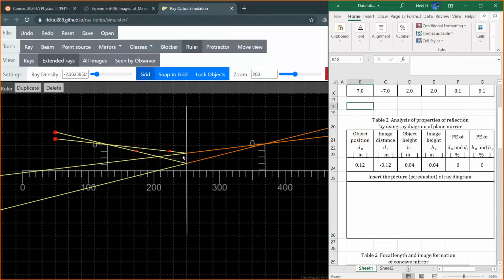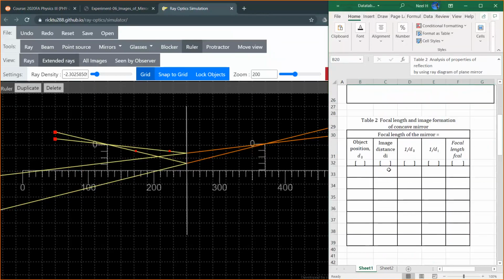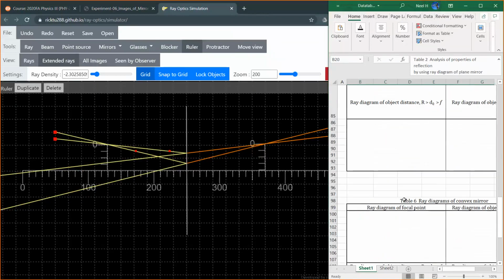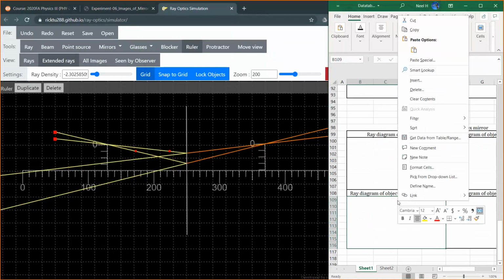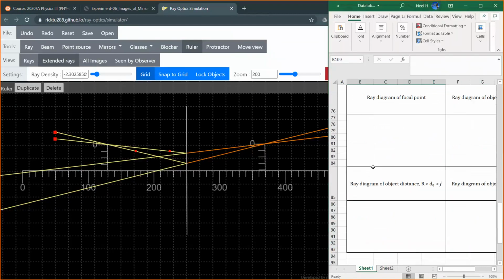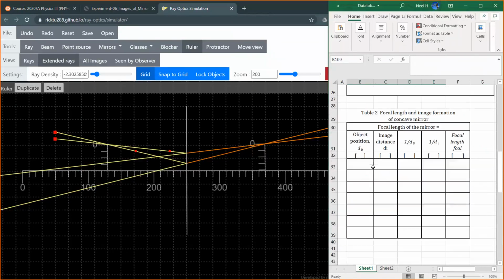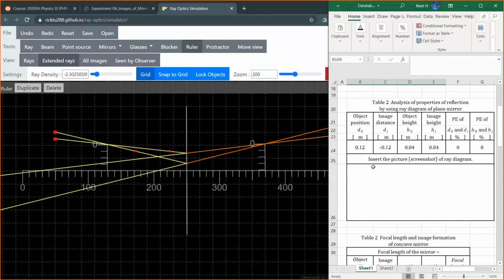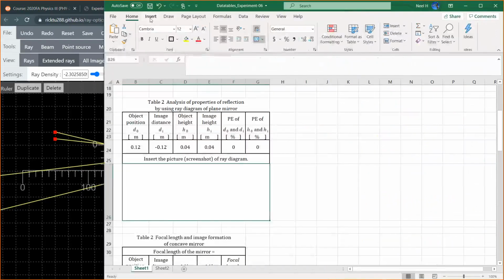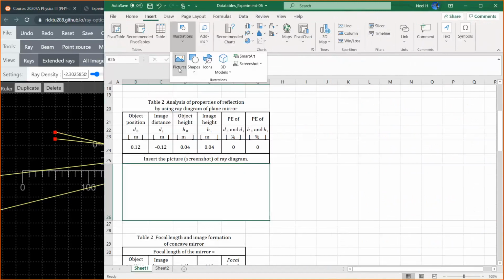These are real data. So that means table number 2, and later you see another 2 tables at the end. All of those are ray diagrams which must go directly into this data section. Okay. All right. So let's put that picture right here. Let's insert that. Insert picture.